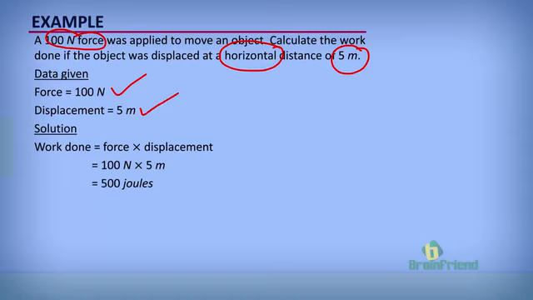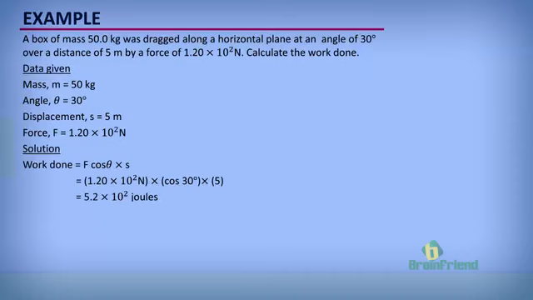Then the work done, which is force times displacement, is simply 100 Newton times 5 meters, which is 500 joules. Isn't that simple?